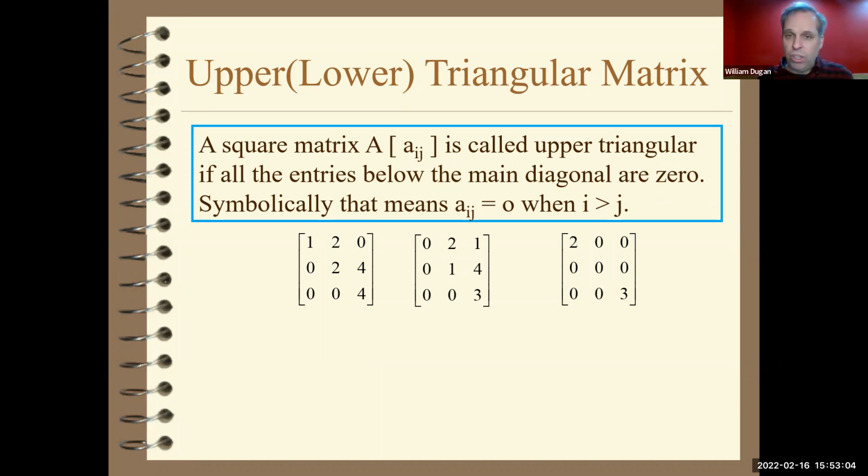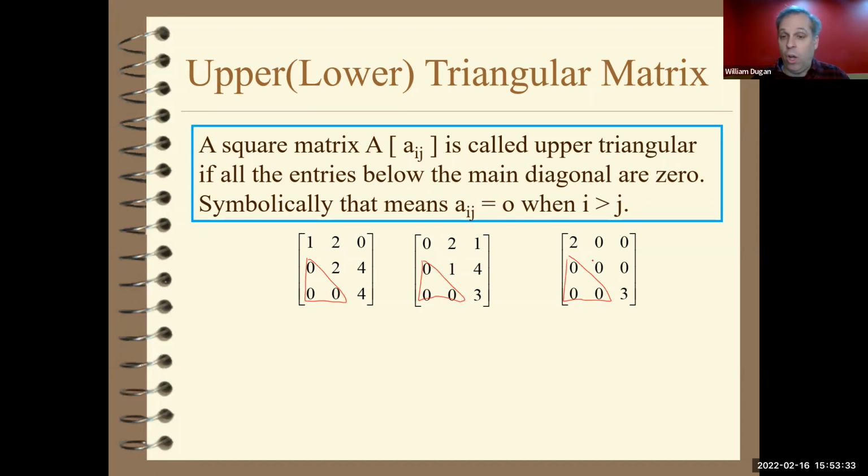All these matrices you see right here, these are all upper triangular. And the way we often show people that is to draw a little triangle. So then, for example, this guy right here is upper triangular. This one right here is upper triangular. This guy right here is upper triangular because all the entries below the main diagonal are zero.